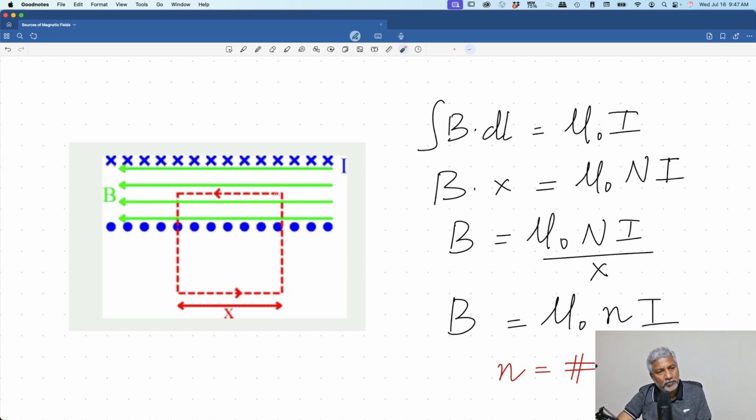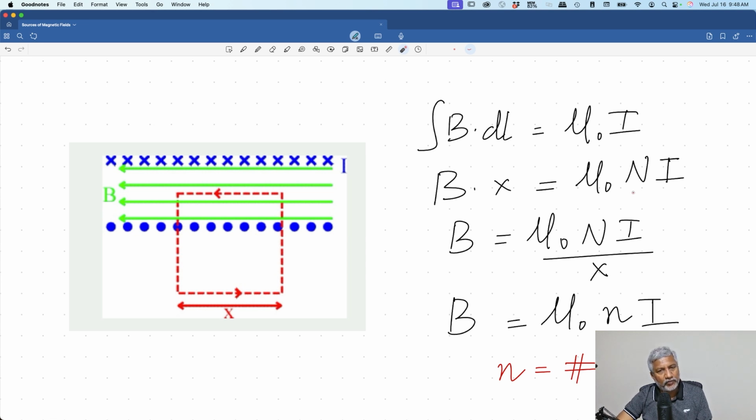So the only part that we need to consider is this part. And if you take this length as x, then it's very simple. Integral B dot dl is mu naught I. So B is a constant at every point here. B is a constant. So B integral dl is Bx now, because that's the total length.